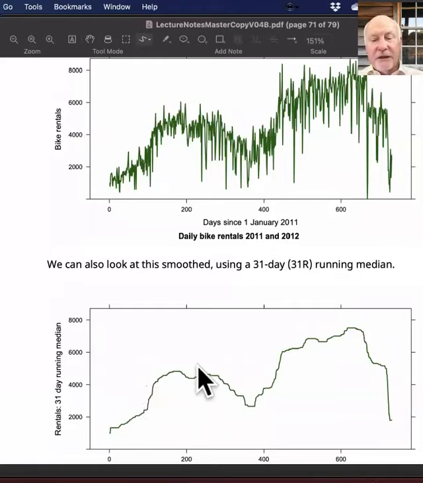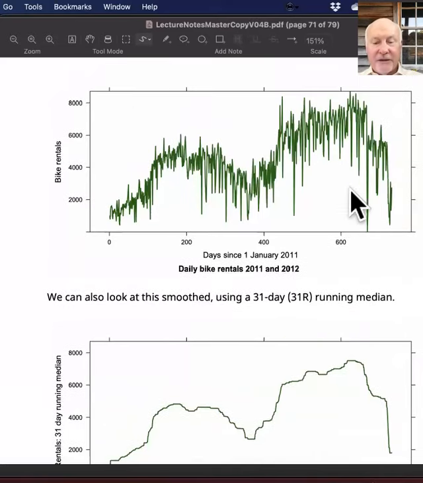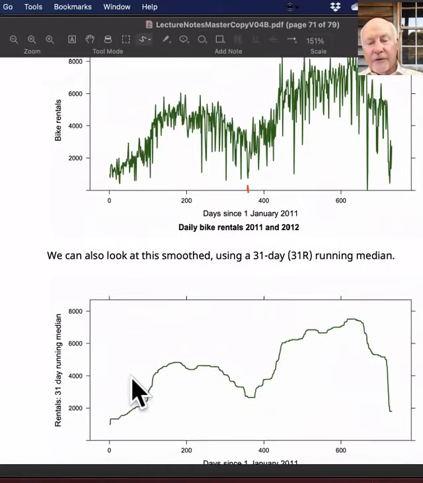So you can see, these are numbers of days. Somewhere around there you've got 365, so that's a year, and then we've got the second year. My understanding is that 2011, the first year there, was the first year they ran this bike rental scheme. So what we're actually seeing is growth from year 1 to year 2.